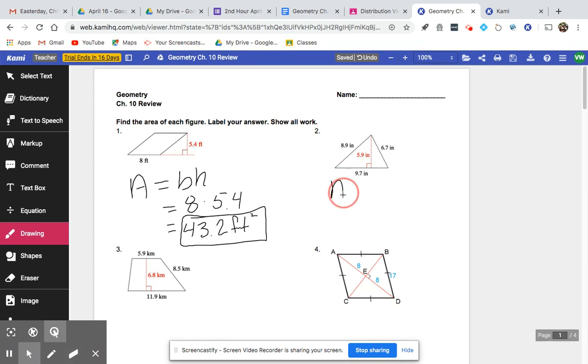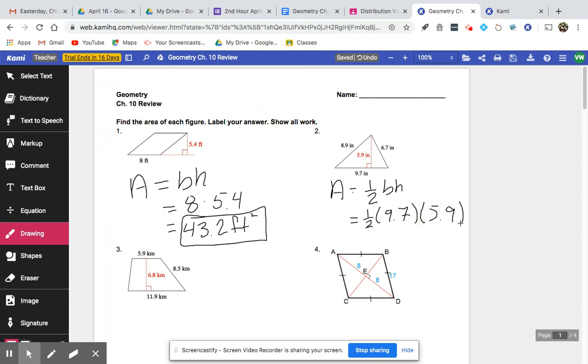Remember the formula for a triangle: 1/2 times base times height, which is 1/2 times 9.7 times 5.9. Multiply all 3 of those together. Use a calculator for that.